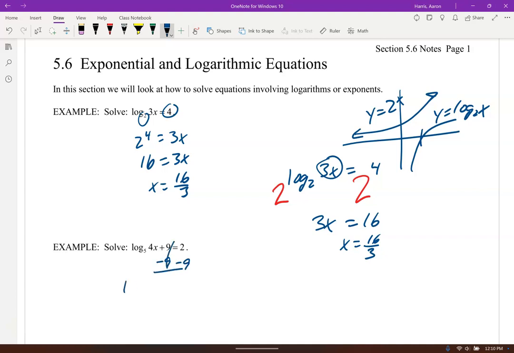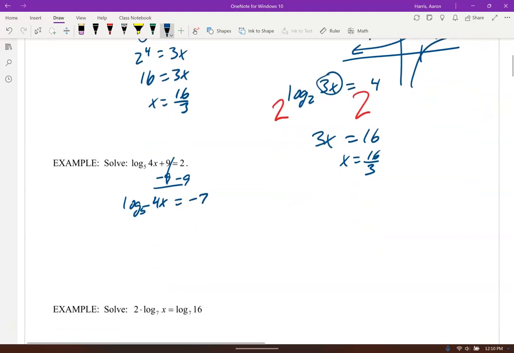Let's do it both ways on this one. Subtract 9 both sides. So log base 5 of 4x equals negative 7. And then we'll go 5 to the negative 7 equals 4x. And then that's 1 over 5 to the 7th.